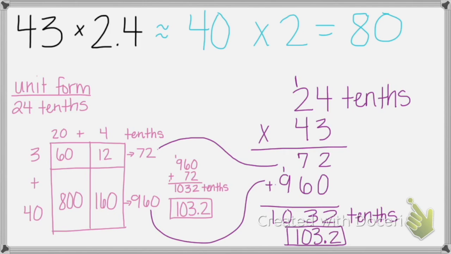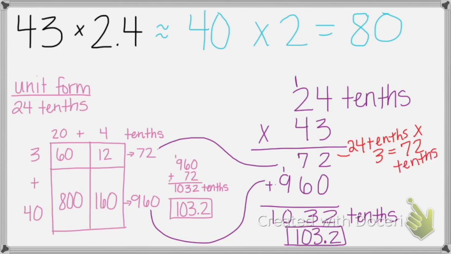I also want to show you really quick. Really think about how we got that 72 tenths right here. You can see it in the area model. We took 24 tenths and we multiplied it by 3, which gave us 72 tenths.